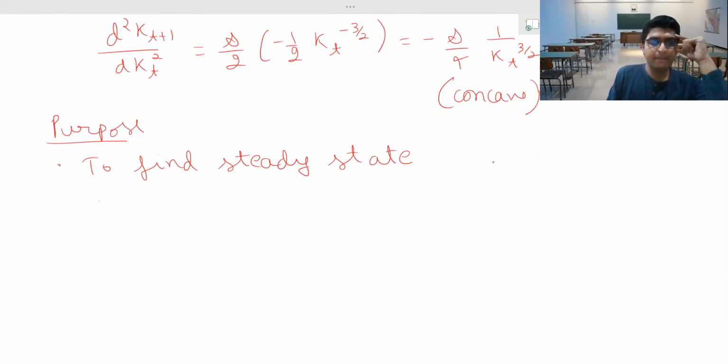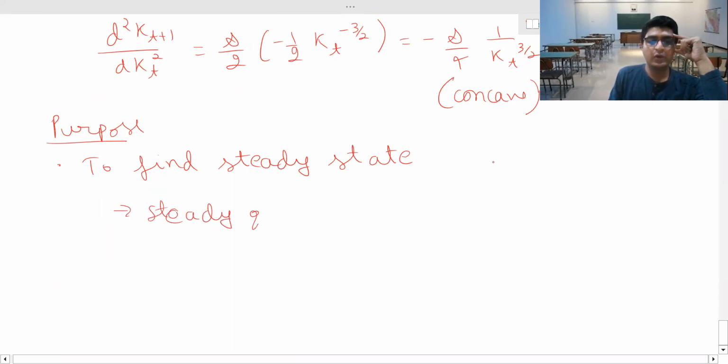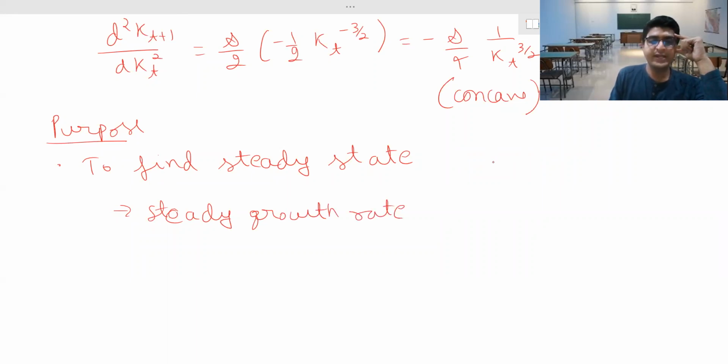I need to find a steady state, that is, I need to find a steady growth rate. What is a steady growth rate? A constant growth rate.